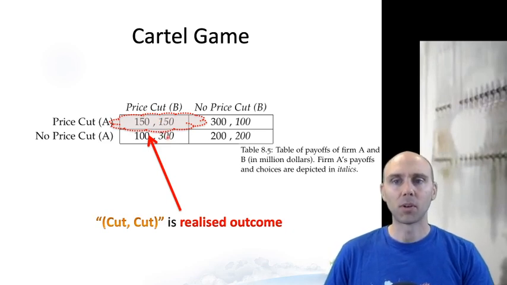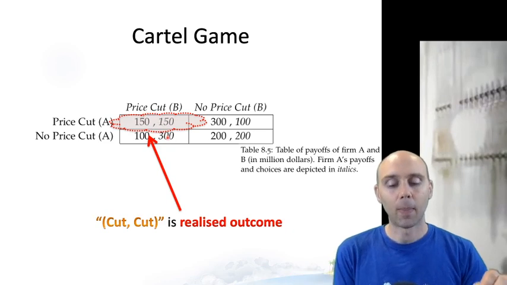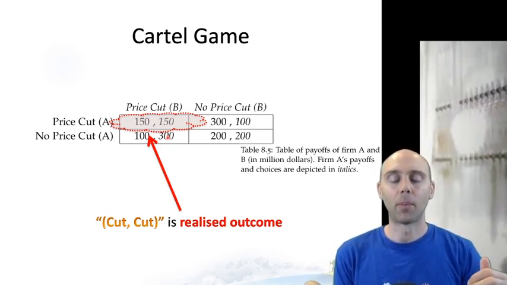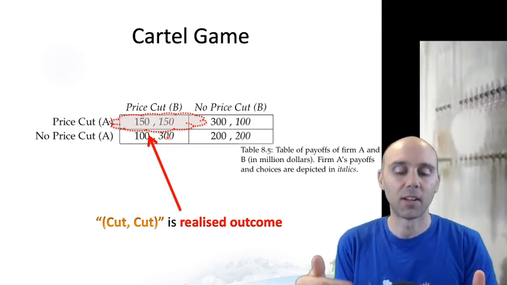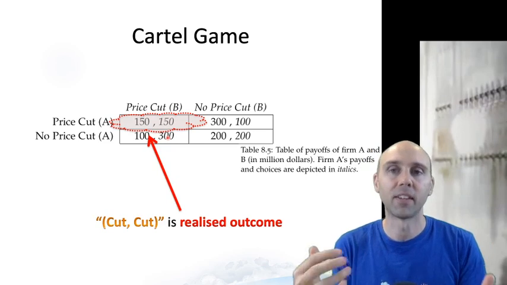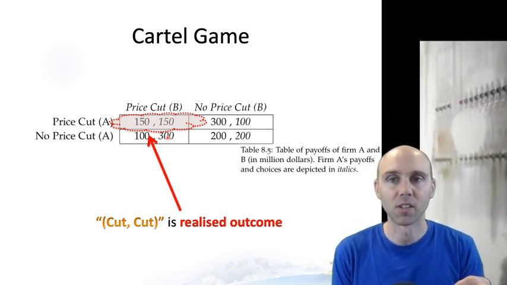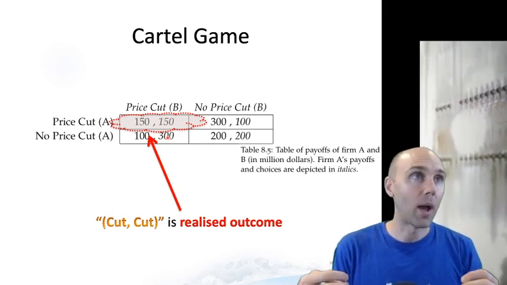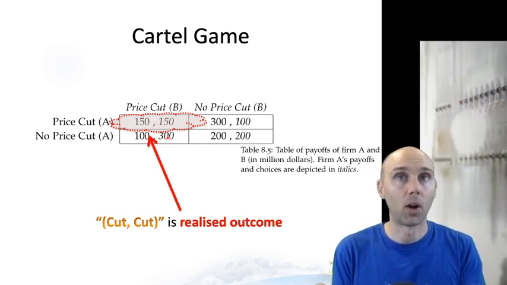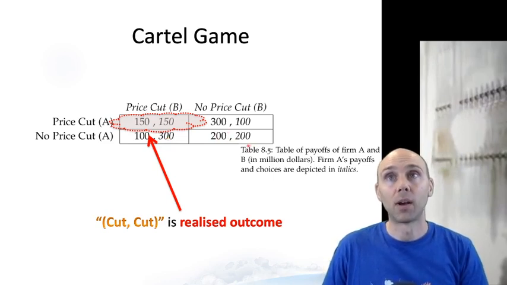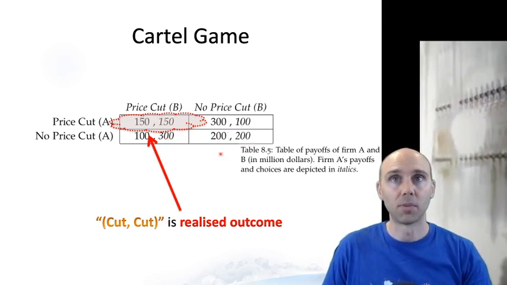But remember, we talked about Pareto efficiency, and this goes to this idea that the efficiency of perfect competition through Adam Smith's invisible hand is not captured when there are strategic interactions. Because is there a way that we could make both firms better off without one being worse off? Well, there's an outcome here, 200-200, which is Pareto optimal.